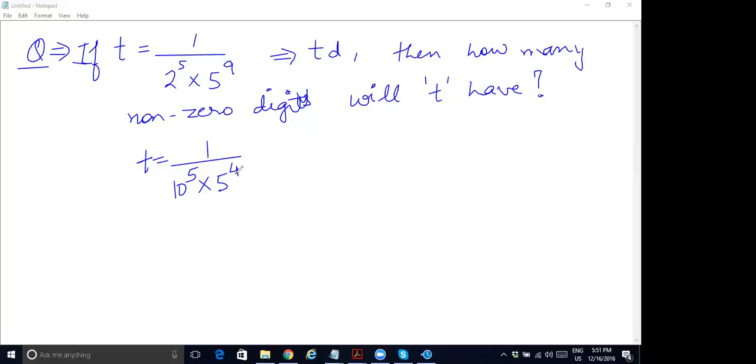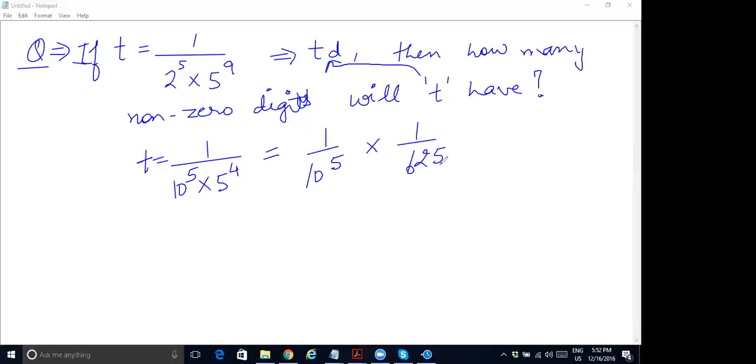So how many non-zero digits will t have? So this becomes 1 over 625. Correct.